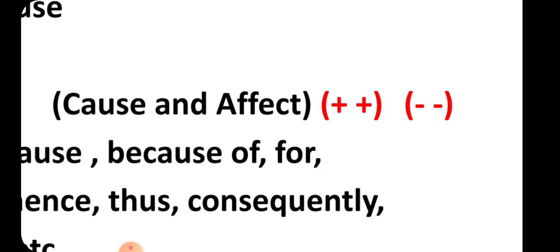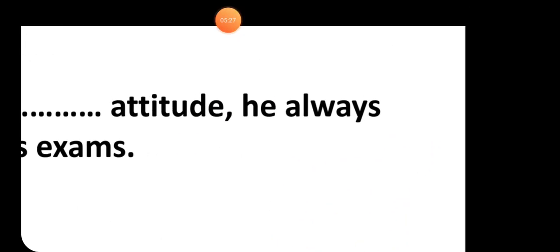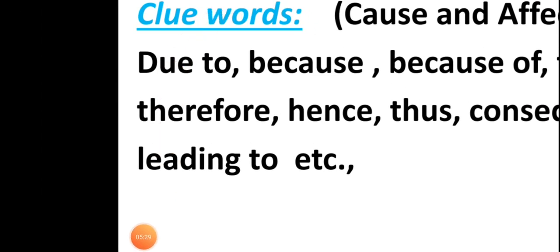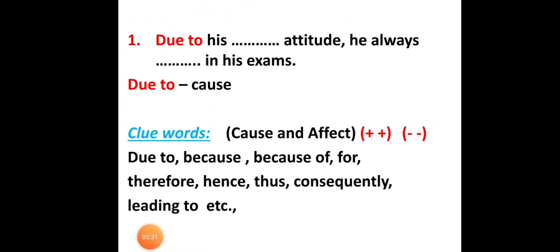No, it's not possible, because the cause, his hard work, is positive, so the result should also be positive. Because of not working hard, now the cause is negative, so the result should also be negative. Then the result will be he has failed in all his exams. Because of not working hard, he has failed in all his exams. So this is what you should understand. Clear? Now look at the clue words, and keep these clue words in mind.